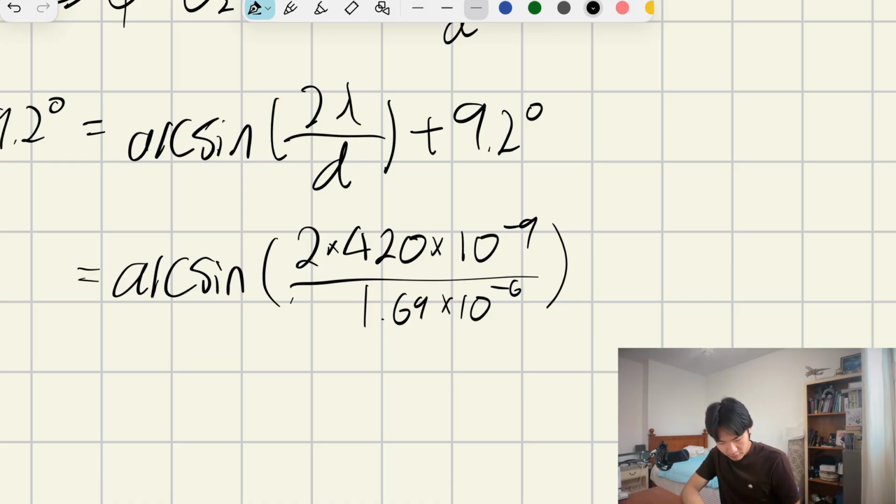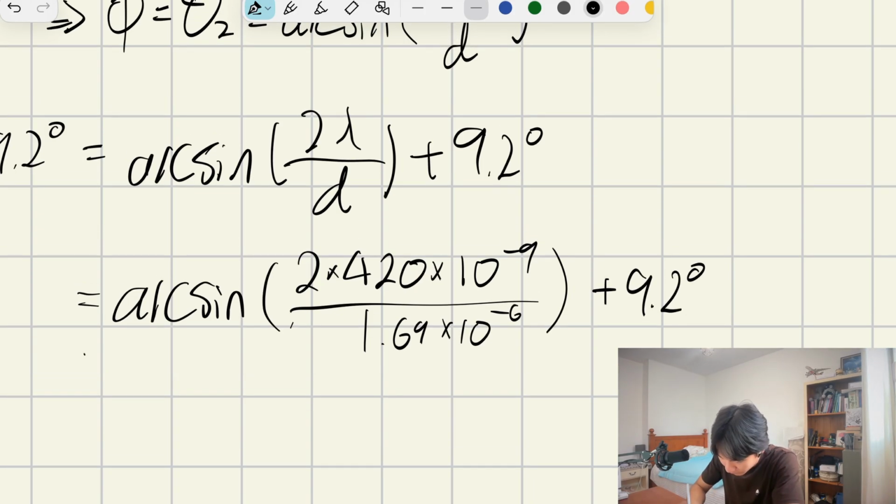Arc sine of 2 times 420 times 10 to the power of minus 9 over 1.69 times 10 to the power of minus 6, plus 9.2 degrees, obviously, which must equal 29.8 degrees plus 9.2 degrees.